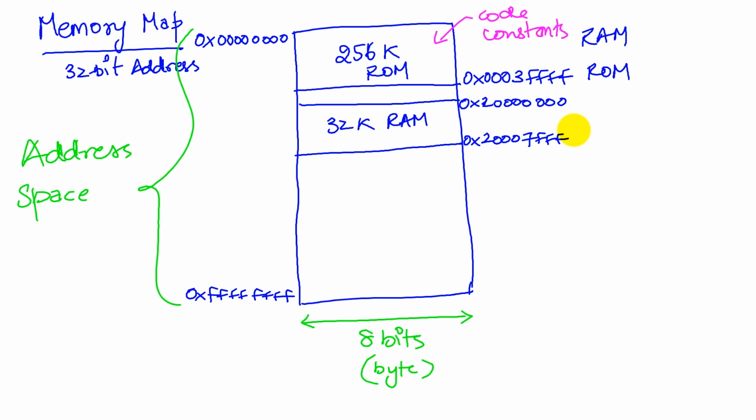This is the RAM where we will store our data or variables, and again this is the volatile part, and also our stack is going to be part of this region.